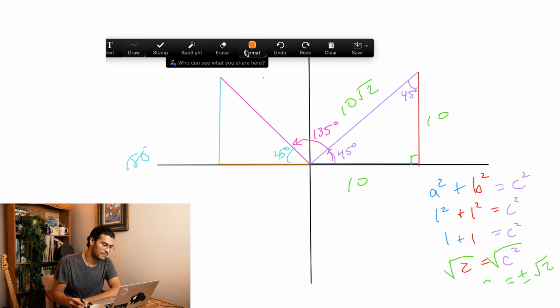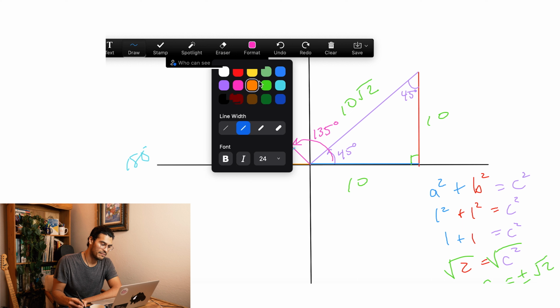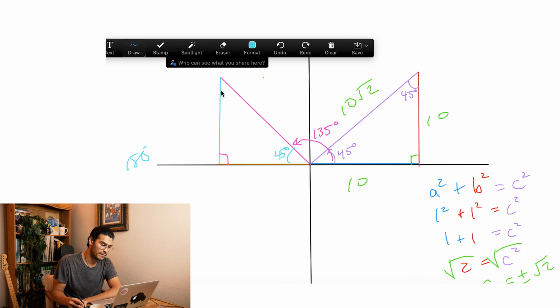So we have 45, we have 90, and if this is 45, we know that's 45. If we want to just keep our simple ratios and say 1 to 1 to root 2, we have 1, 1, root 2. Again, the only difference is, since our triangle is facing this direction, the negative x direction, this side has a negative side ratio. Okay?